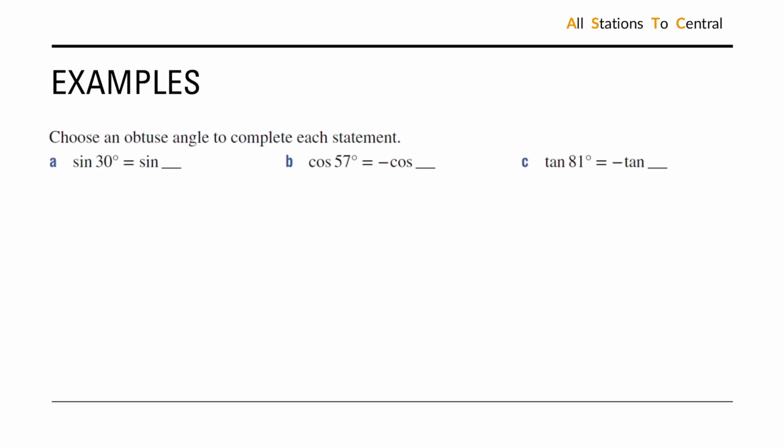So let's look at some examples with trig ratios. This one here gives me a specific section of the unit circle. Notice it's asking for an obtuse angle. An obtuse angle is between 90 and 180.